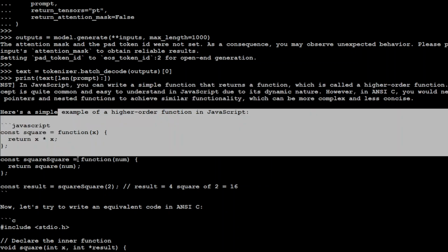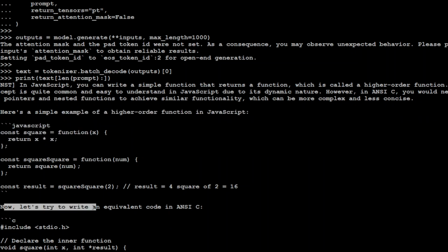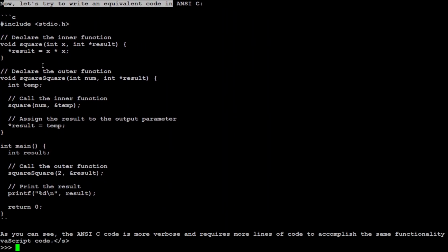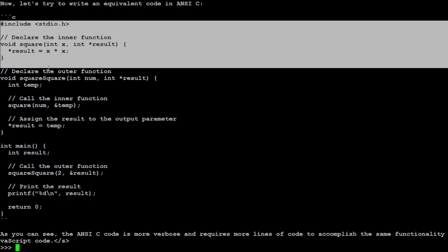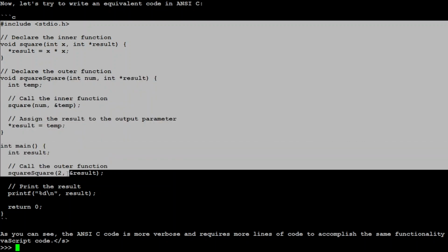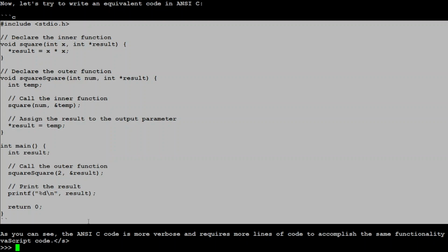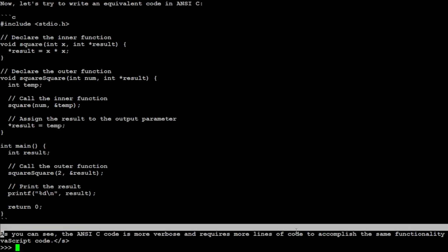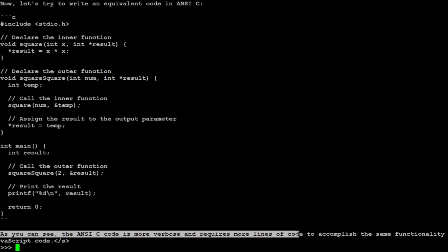So it has given me this JavaScript function, and then it has tried to write the equivalent code in C, and there you go. That reminds me of olden days of my uni when we used to write C. How cool is that? Oh my god, how beautiful. It says that, as you can see, the C code is more verbose and requires more lines of code to accomplish the same functionality than the JavaScript code. Beautiful stuff.